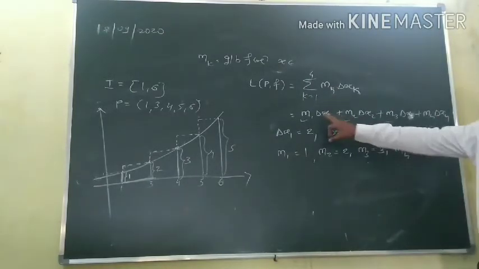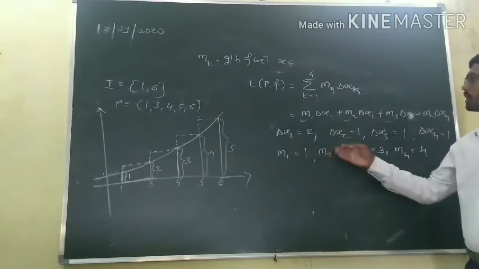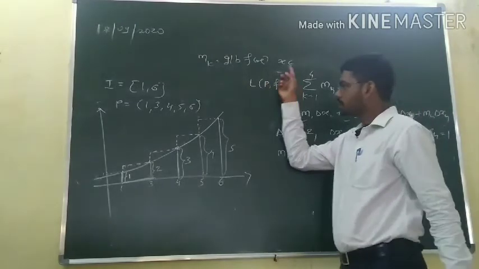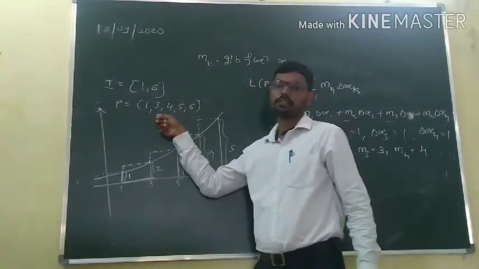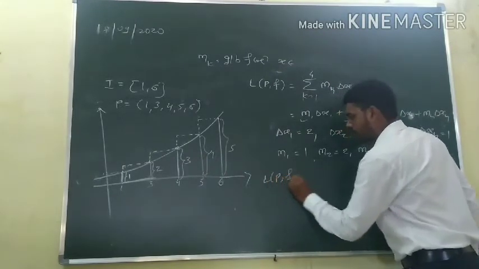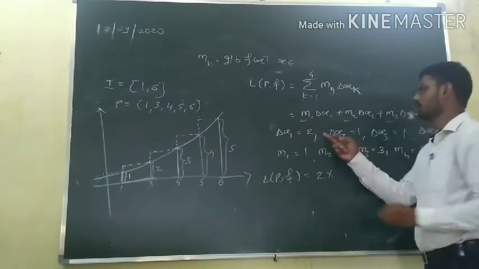So we have collected all the required values. Just put the values here, and we will get the lower sum of this function for this partition. So the lower sum L(P,f) becomes m1 delta x1.